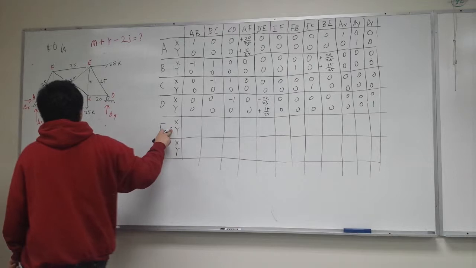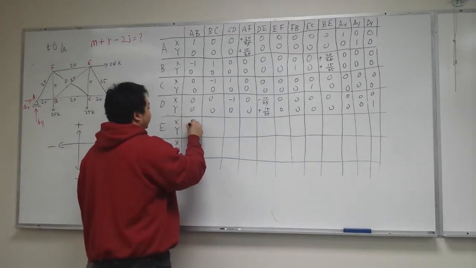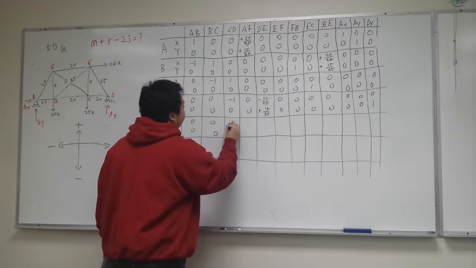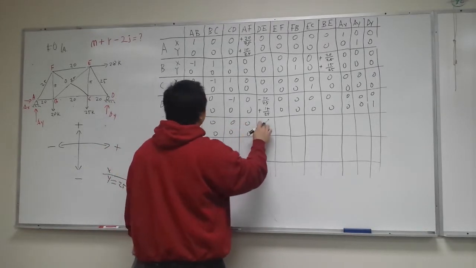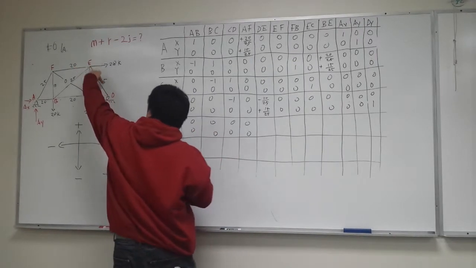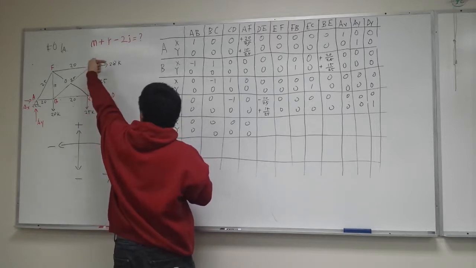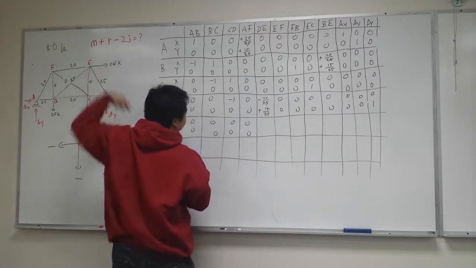Now point E, right here. E has nothing to do with AB, so 0, 0. DE is going backward. The incline is going this way. So when you convert this into x and y, x is positive and y is negative.